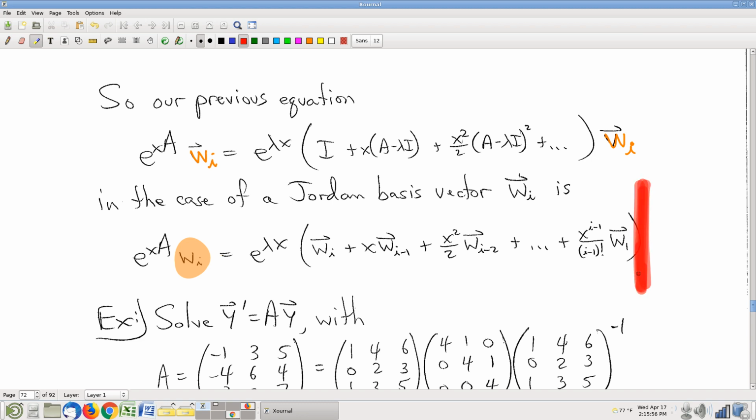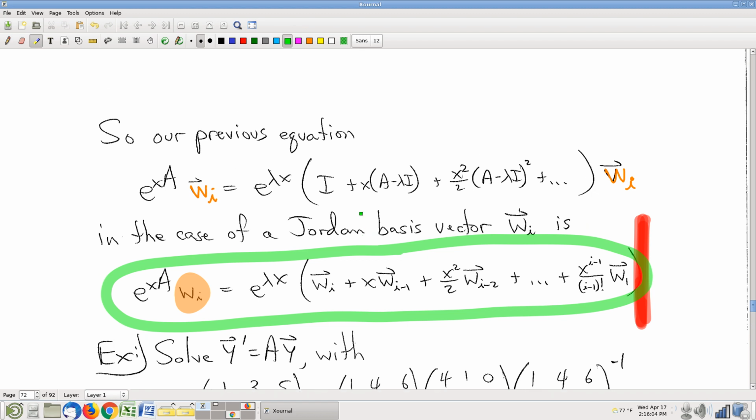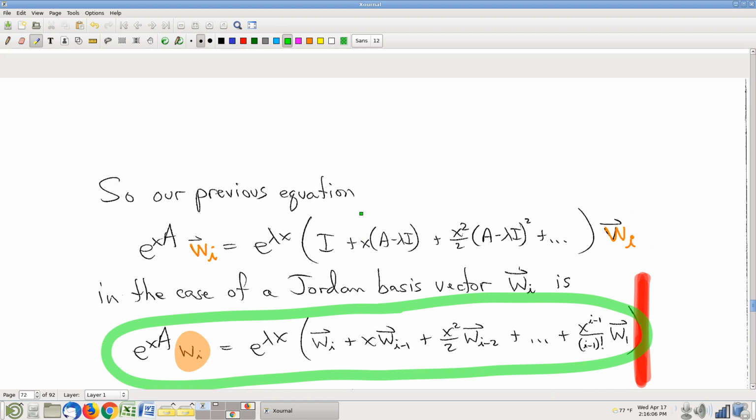And we have here then our formula for what matrix exponentials do to Jordan basis vectors. And this is going to be crazy, crazy powerful for us. We'll see an example just momentarily. Matrix exponential times Jordan basis vector: e to the lambda x, write down that Jordan basis vector.